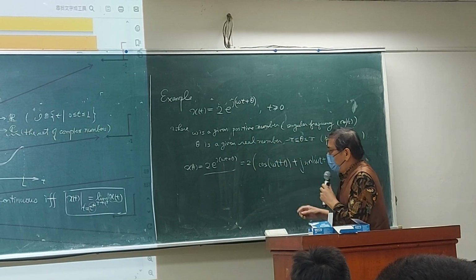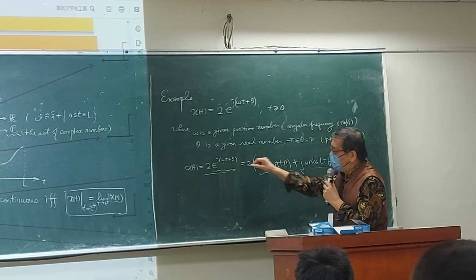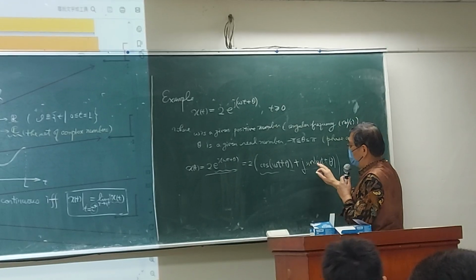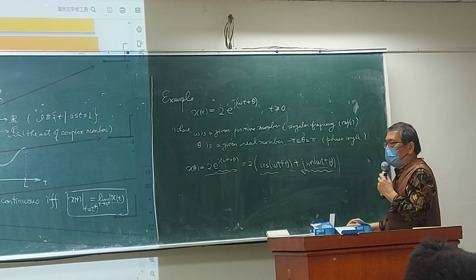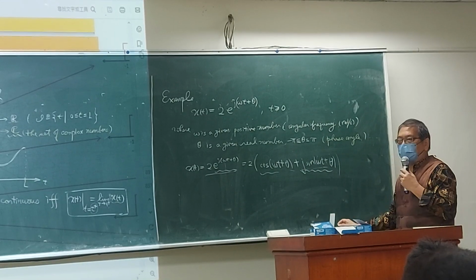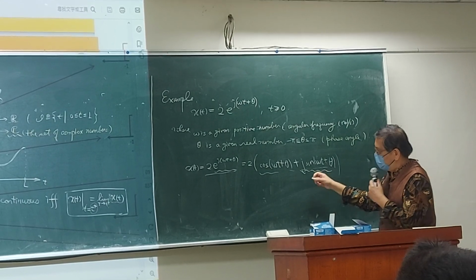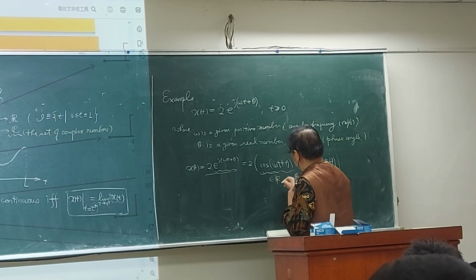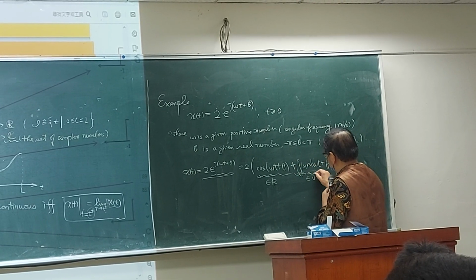Okay, so now you have the Euler formula, right? So you can apply the Euler formula to expand this exponential function, which is a combination of sinusoidal waves. But one is in the complex world, or complex number. One is a real number, and this one is a complex number, including the j here.